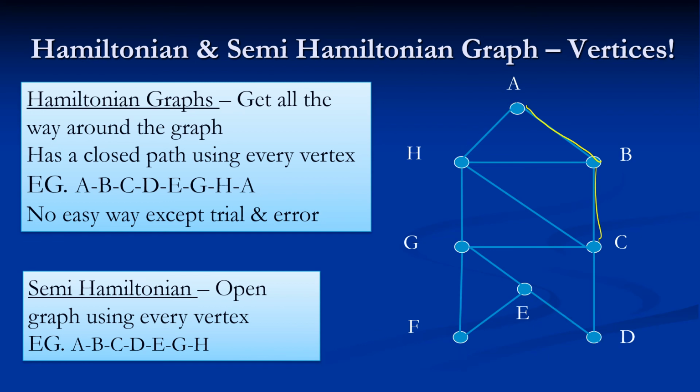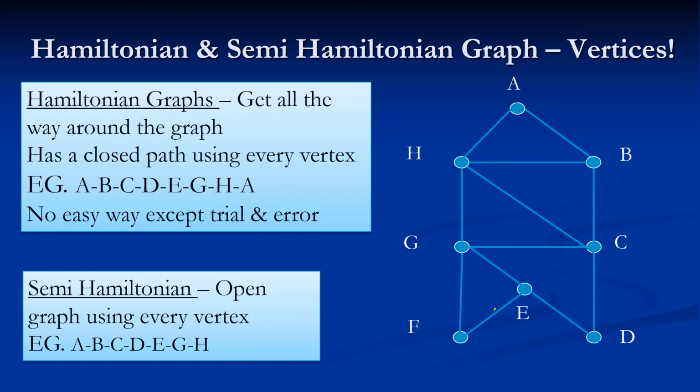But what are some other solutions? So we go A to B to C to G to F to E to D. We've done that as well. Now that's an open one, but we've hit every vertex exactly once there, haven't we? So that would be a semi-Hamiltonian solution, because it's an open trail, but we've hit every vertex.